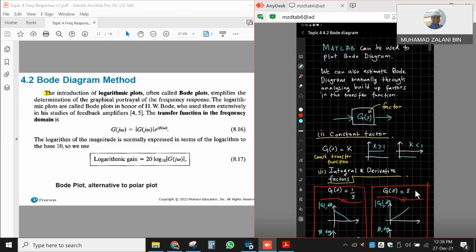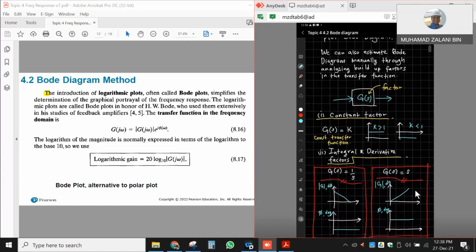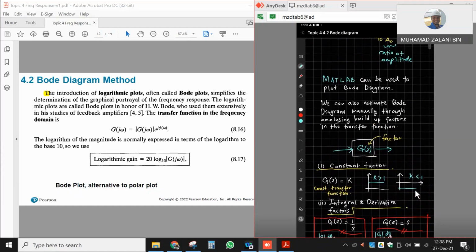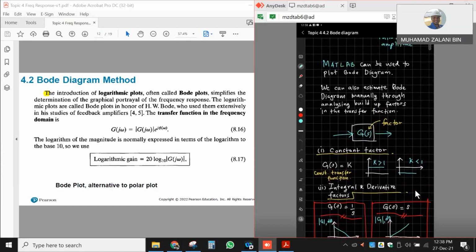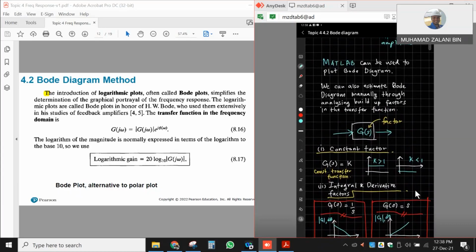But what we're going to explore in this subtopic is in more detail how we do the manual sketching of the Bode diagram. We can also estimate the Bode diagram manually by analyzing the built-in factors in the transfer function.